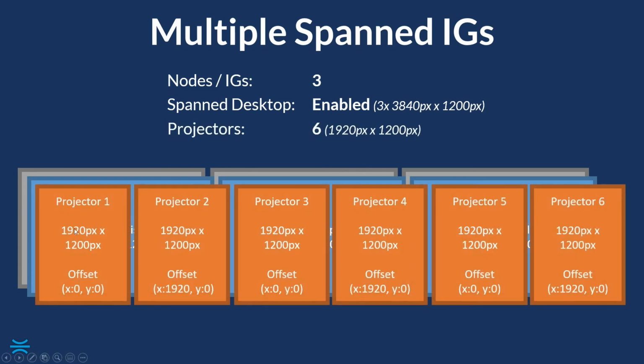When we look at our projectors, each is 1920 by 1200, but the second projector on each PC is offset by 1920. The first one here is at 0, second one's 1920. Again, the first one's 0, second one at 1920. So that's what it looks like when you've got multiple IGs with span displays.